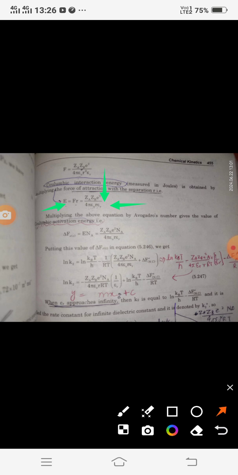And if we want to determine the Coulombic activation energy, meaning the energy required to carry on the process of the chemical reaction to be converted into the product, we need to multiply the interaction energy with Avogadro's number, which shows the total number of molecules. The equation becomes in this way.